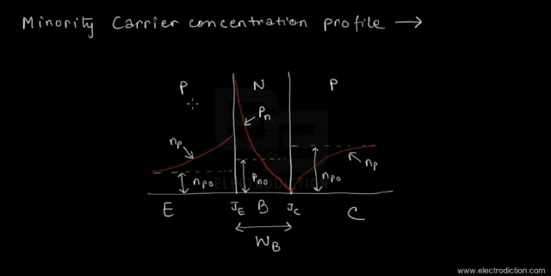Similarly the holes, whenever they travel from the emitter into the base, become, as I said, minority carriers in the n-type base. Since the emitter current has a higher magnitude compared to its electron carrier component, due to the hole component of the emitter current there is a very sharp concentration profile existing near the emitter junction over here.